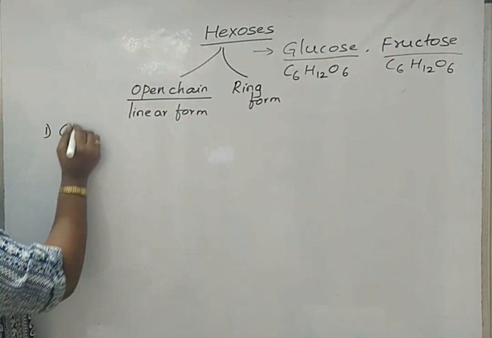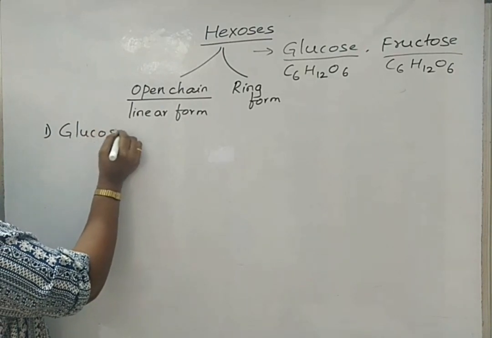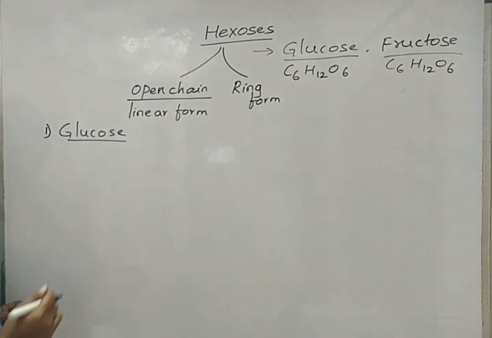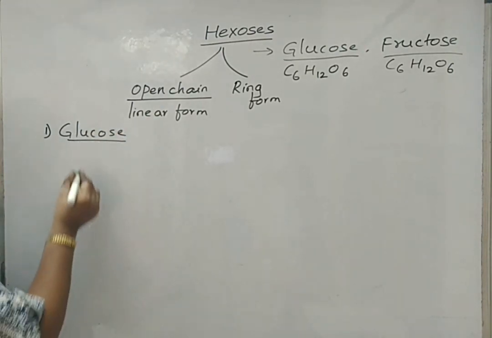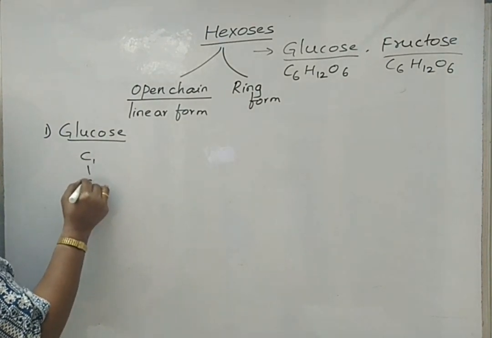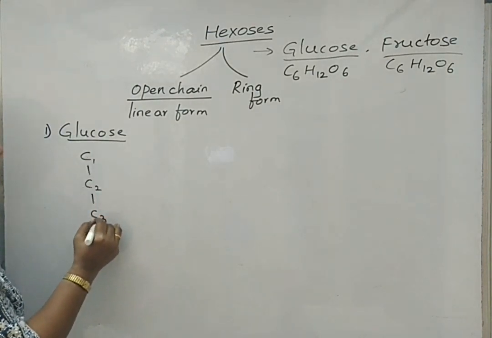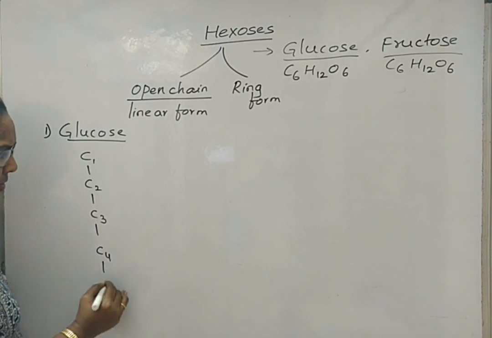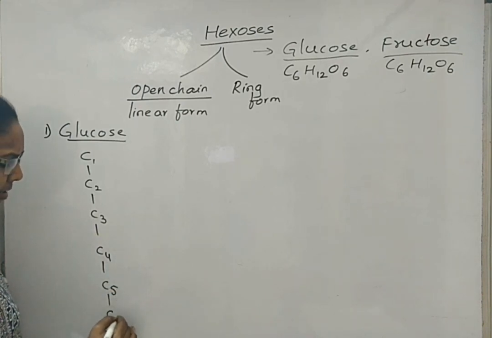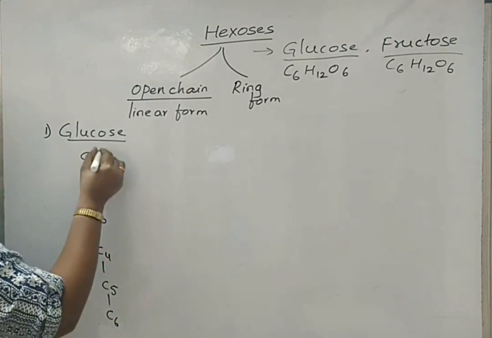First, if you take glucose, the open chain or linear form is like this: carbon 1, carbon 2, carbon 3, carbon 4, carbon 5, carbon 6.